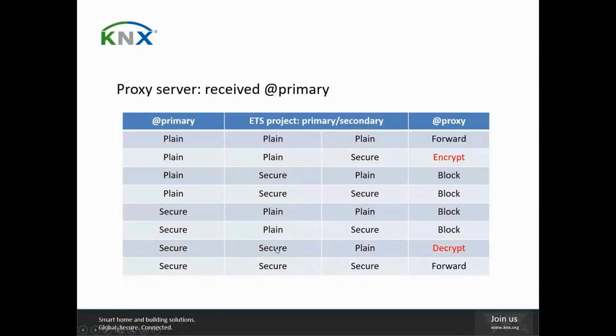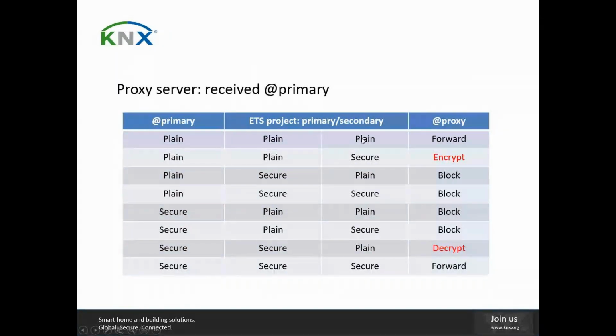So concretely, what does it mean? If there's a plain telegram received at the primary site, and if the ETS user has defined that the telegrams for this group address are indeed supposed to be plain on the primary site of this proxy, and they are also supposed to be plain on the secondary site of this proxy server, well, then it's clear.